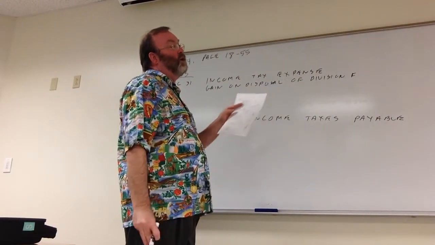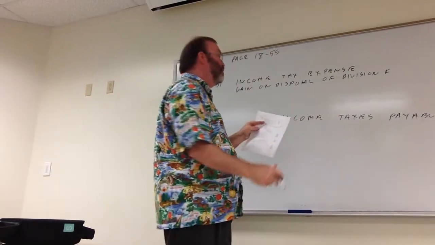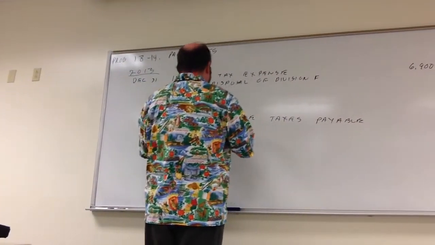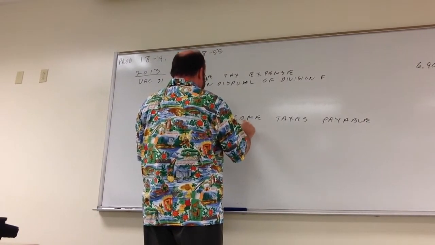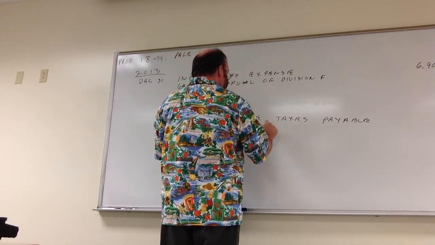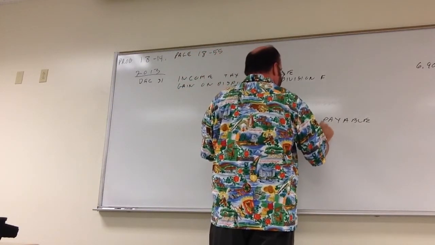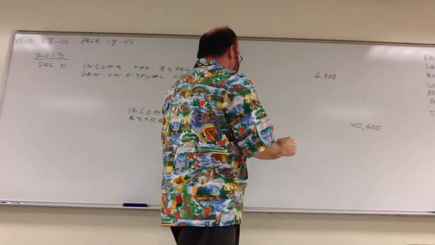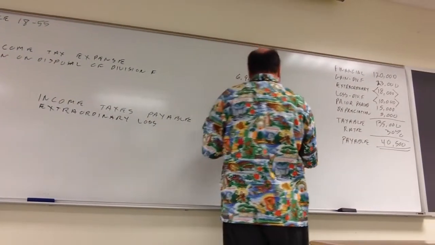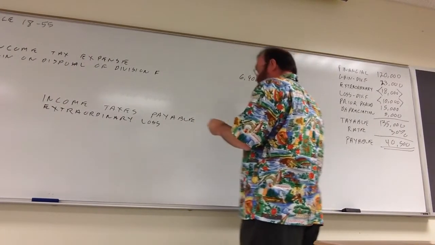The extraordinary loss is a debit balance because it's a loss, so we're going to credit the extraordinary loss for the 18,000 times 30%, or 5,400.